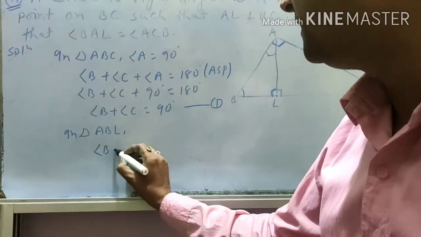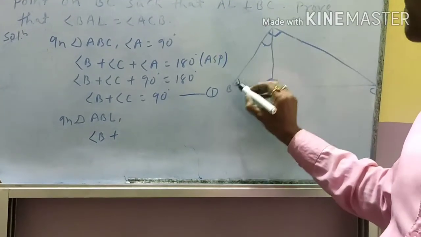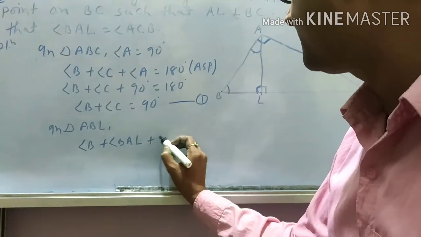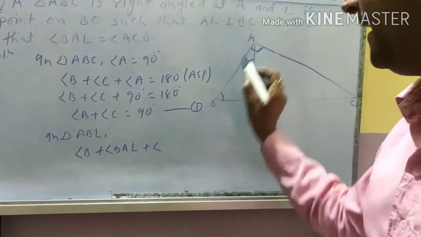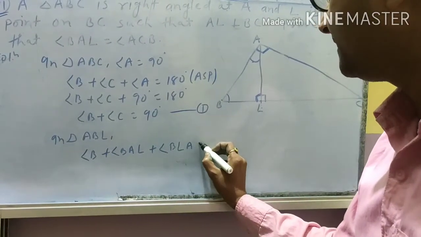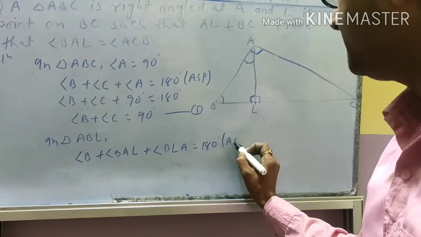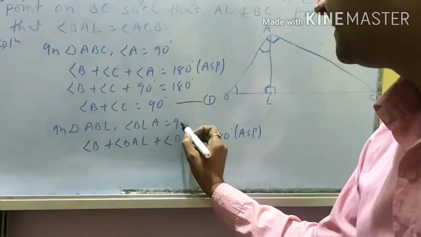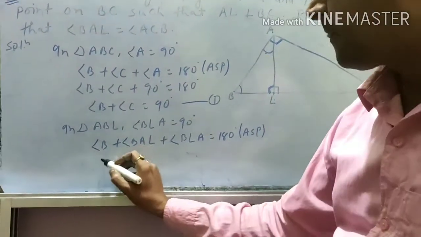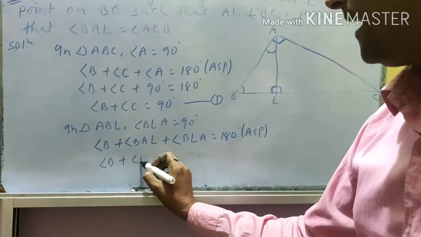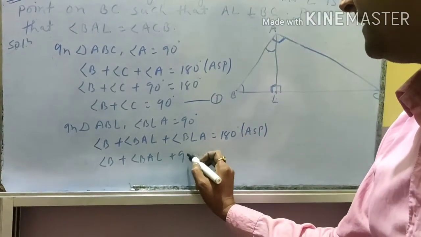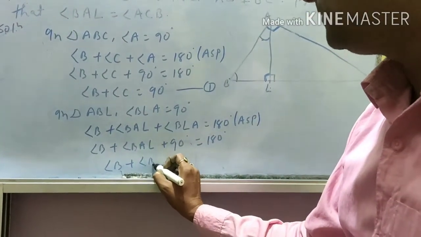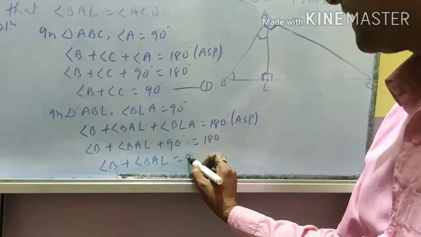So write down angle B plus angle BAL plus angle BLA is equal to 180 degrees by ASP. Here students, angle BLA is equal to 90 degrees. This angle is given here. So angle B plus angle BAL plus 90 is equal to 180 degrees. So angle B plus angle BAL is equal to 90 degrees.